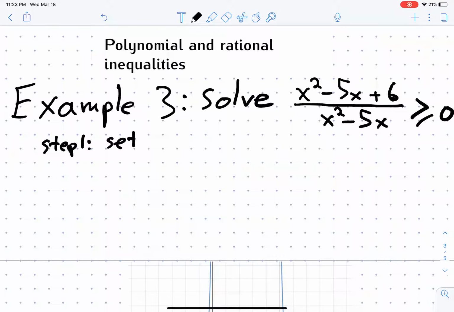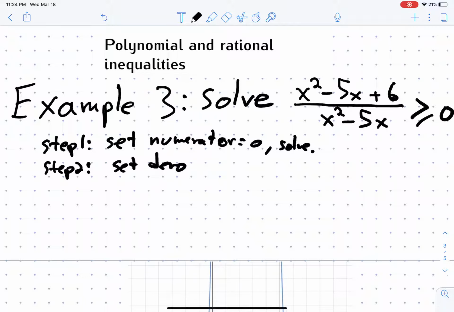And to do that, we only have to worry about the numerators. So we set the numerator equal to 0 and solve. That'll give us the places where it actually hits the x-axis. And then sort of step 2, in finding these points, we're going to set the denominator equal to 0.